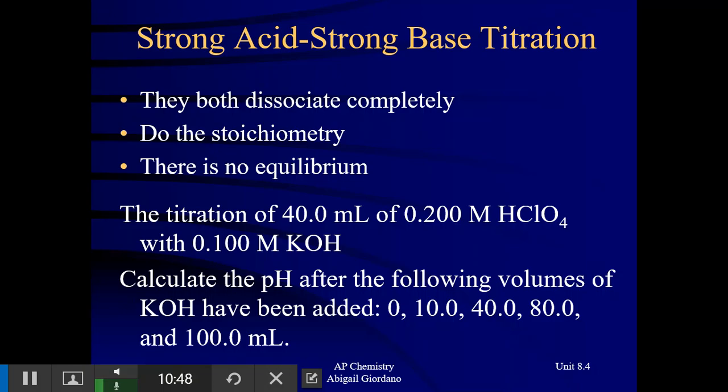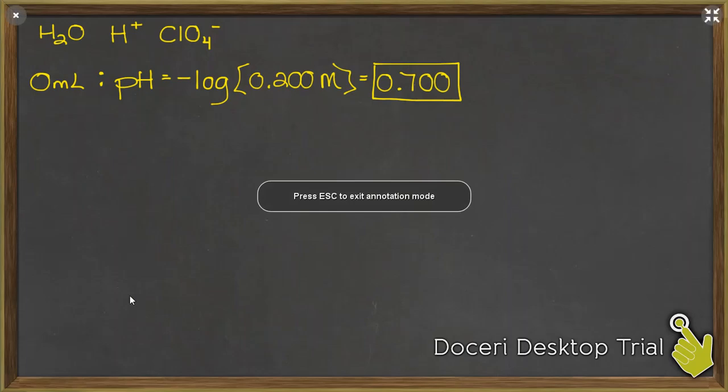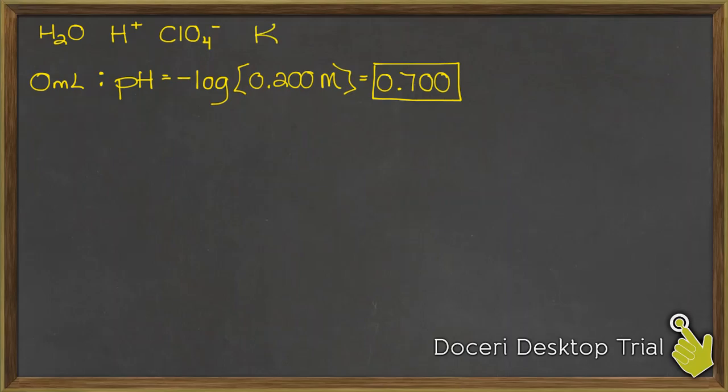Okay, so now we do have some base on the scene. Guys, we need to update our major species list. It's a strong base, so they completely dissociate. So look at my list now.